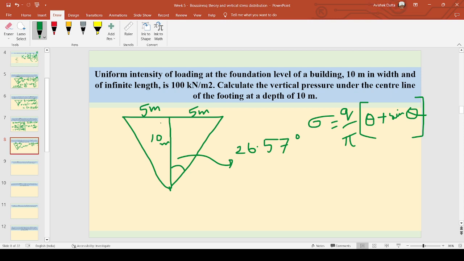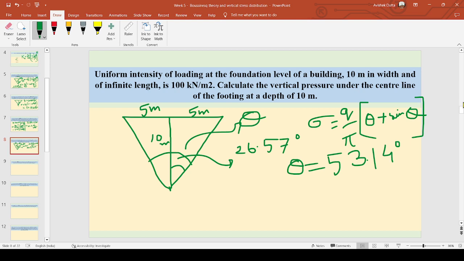Whenever infinite length is considered and line loading is considered of infinite length, then we take this entire angle as theta, not the half. We take this entire angle as theta, and then the value of theta over here will be 53.14 degree.